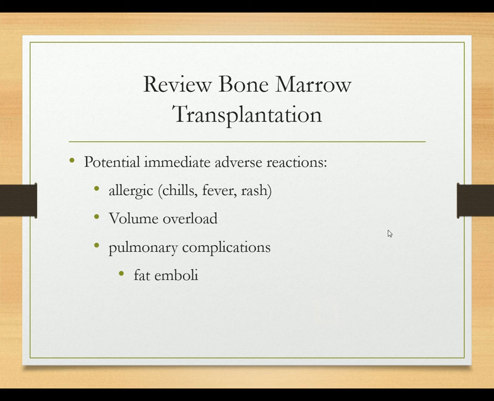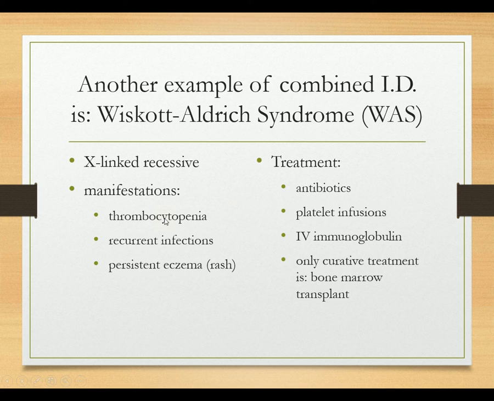So let's review bone marrow transplant, since that's the main way or cure for most of these primary congenital immunodeficiencies. If you think about the purpose of a bone marrow transplant, it's to provide the child and the adult with a healthy bone marrow that can produce functional blood cells.